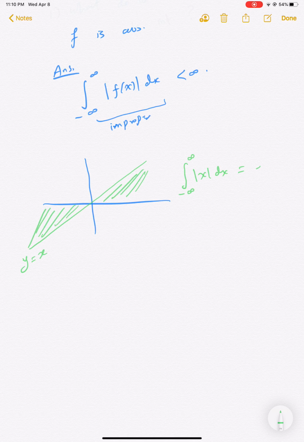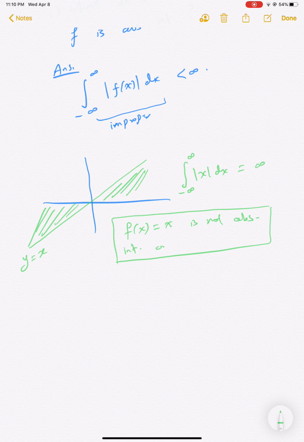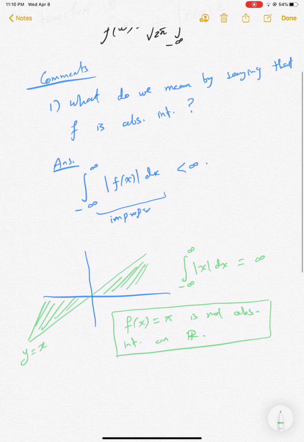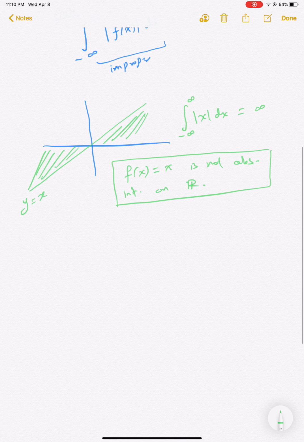For the function x, it's very clear, without doing any computations, that the integral is infinity. So the function x is not absolutely integrable on the real line. If you integrate it from negative infinity to infinity, the integral is infinity. So this improper integral is not convergent, and that violates the definition of absolute integrability.